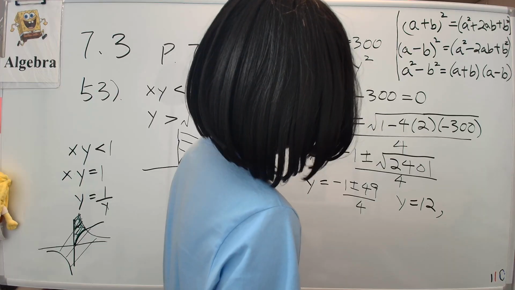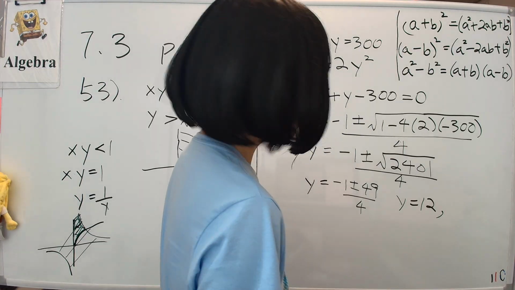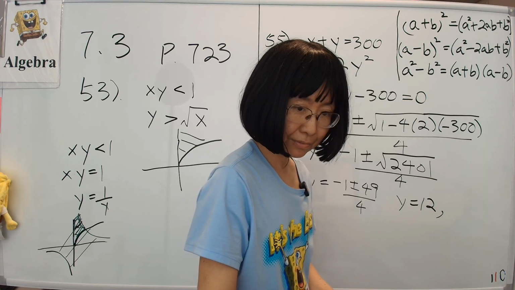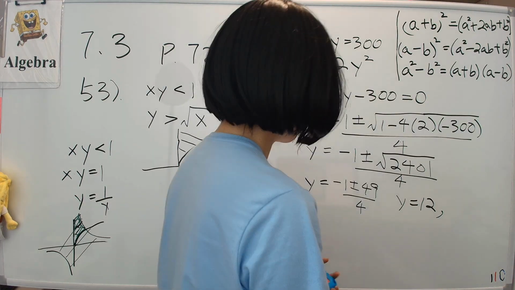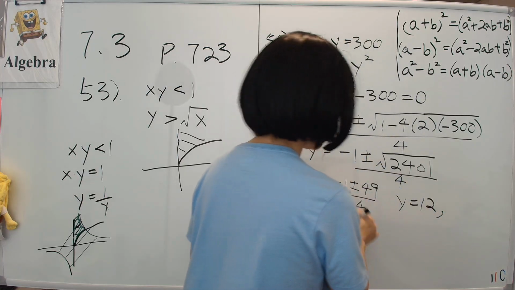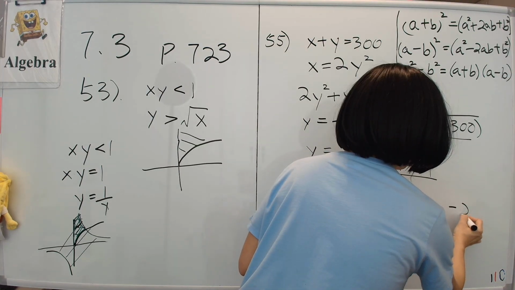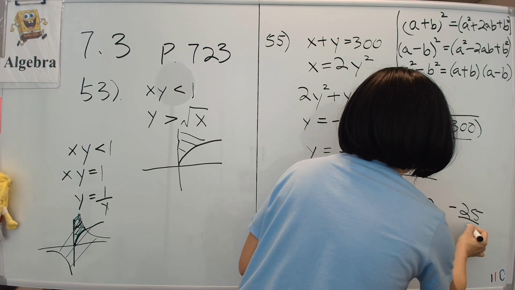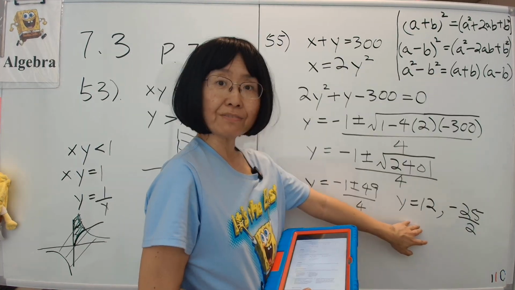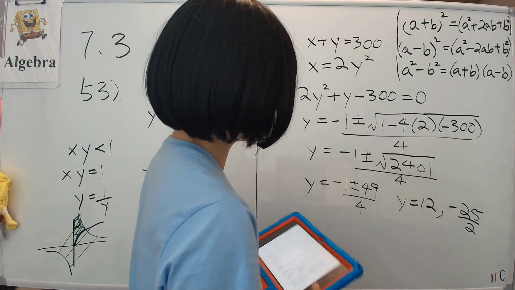Are we thinking about only positive numbers? It doesn't really say that, does it? Well, we'll write it down anyway, okay? So that would be minus 50 over 4, or say minus 25 over 2. So that would be the other number. Of course, the 12 is our favorite, because who wants to deal with whatever that is?